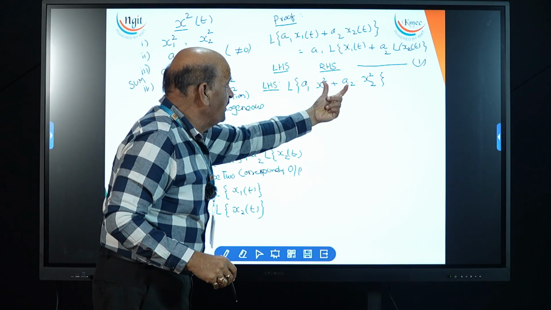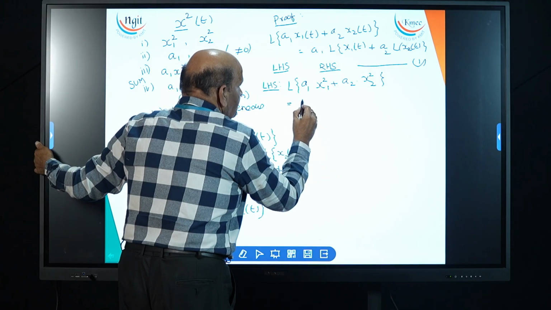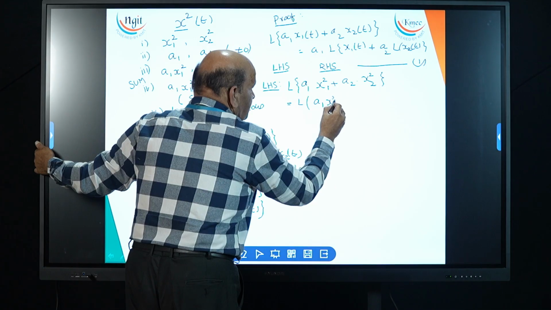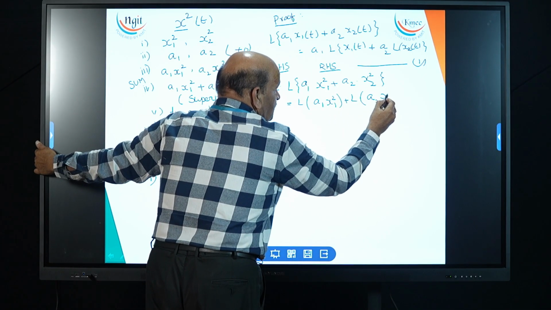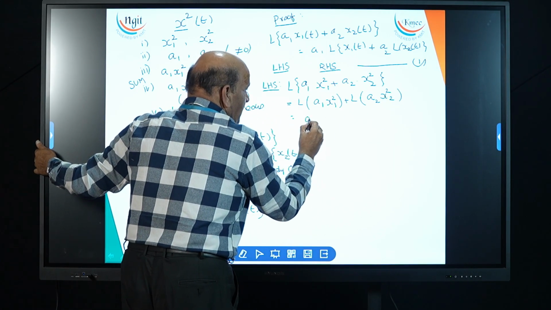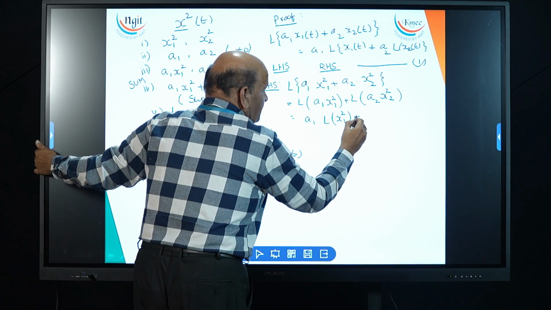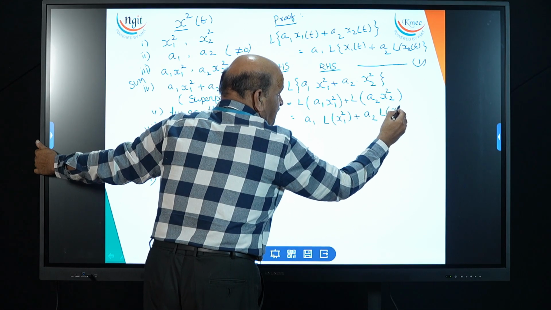Now this is equal to the linear transformation of a1 x1 square plus the linear transformation of a2 x2 square. Now a1 is a constant, you can take it outside: a1 times the linear transformation of x1 square plus a2 times the linear transformation of x2 square.